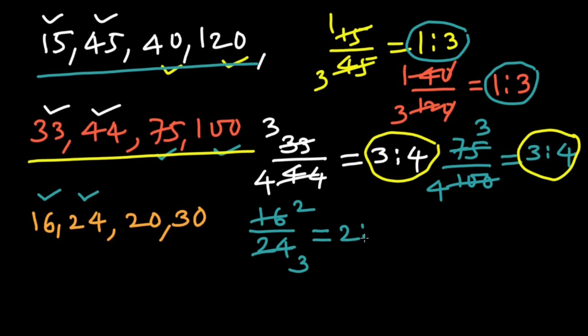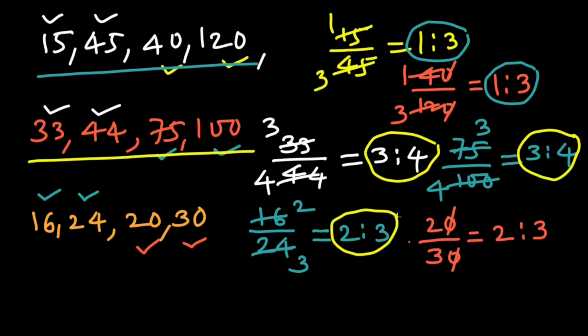The ratio is 2 is to 3. Next, we will get ratio of 20 and 30, which is 2 is to 3. Since these two ratios are equal, we can say that 16, 24, 20 and 30 are in proportion.